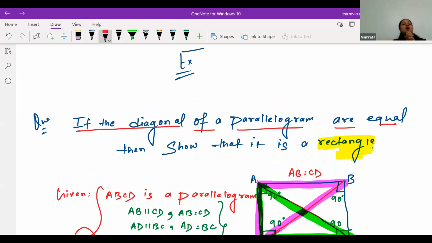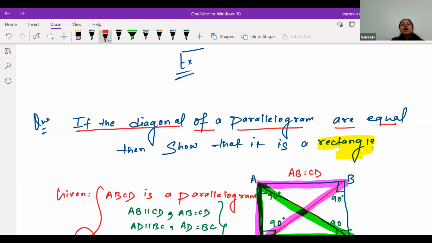Whenever we say it's a rhombus, it must follow the quality of the rhombus, which is extra from the parallelogram. Whenever we say it's a square, it must follow the quality of a square apart from the quality of a parallelogram. So if it's a rectangle, we have to show a property of a rectangle. One property says that each interior angle of the rectangle is 90 degrees.